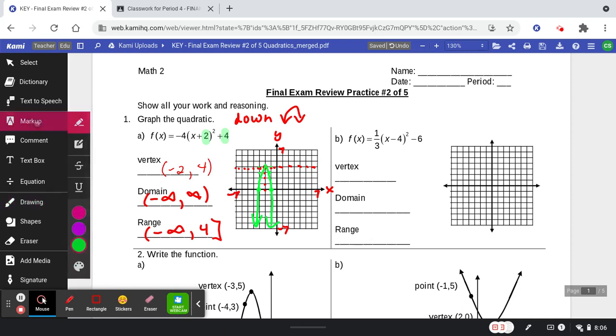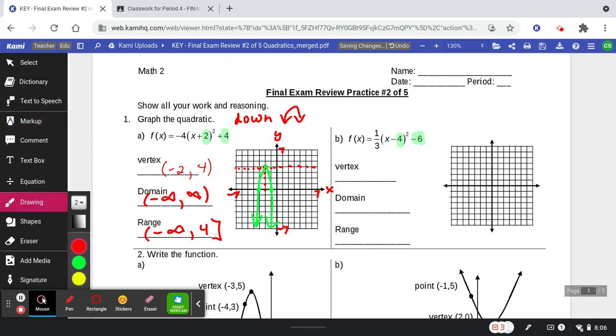All right, let's see how you did on that. For the vertex, this time the critical point is going to be a positive 4 because we remember to switch the sign when it's in parentheses. So right 4 and down 6. There's my critical point, my vertex. By the way, go ahead and label and scale your graph, just like we did on the last one.